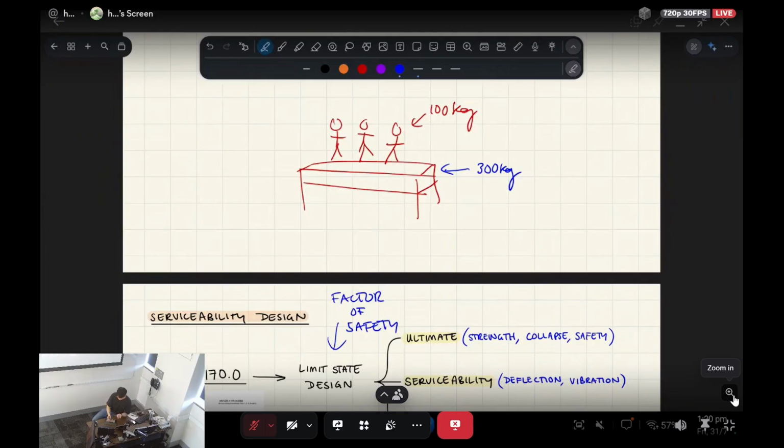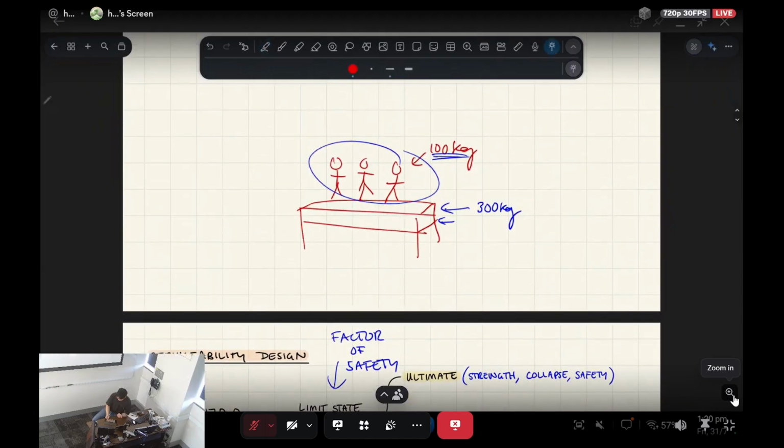For example, if these workers jump up and down, then this is going to be a higher equivalent static load than how much they actually weigh. Another reason could be that the assembly of the structure itself is poor, so you could be missing bolts or something like that. That could reduce the capacity. And so we have to apply a factor of safety of some sort, okay?